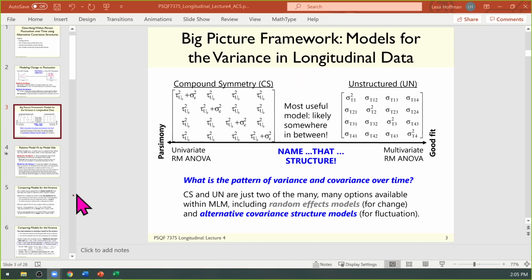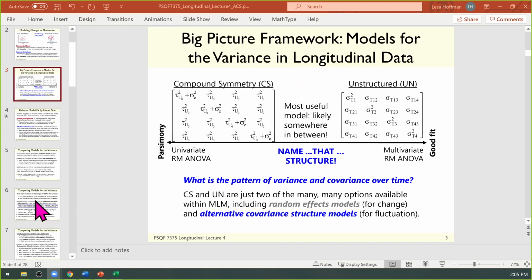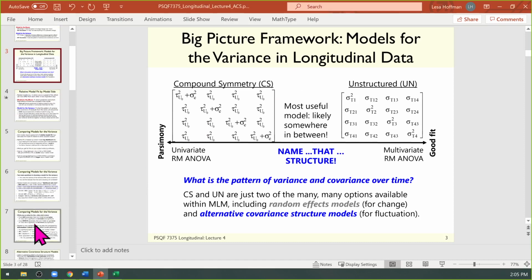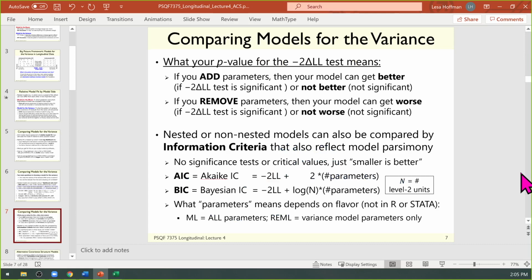4 columns by which you would compute AIC and BIC under ML versus REML, and the formulas for that are here on slide 7. So AIC is the -2 log likelihood value plus 2 times the number of parameters, whereas BIC is -2 log likelihood plus the log of the level 2 sample size times the number of parameters.